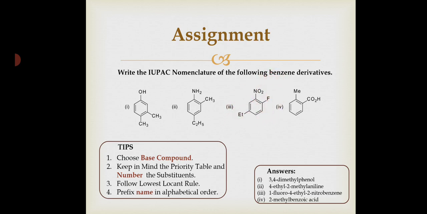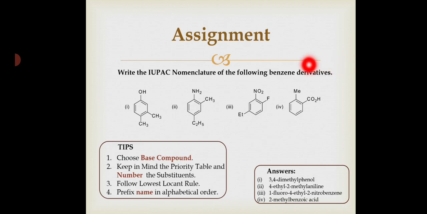I'm sorry, here fluoro will come after ethyl. So the name is 4-ethyl, E comes first, 4-ethyl-1-fluoro-2-nitrobenzene. Please note this correction.